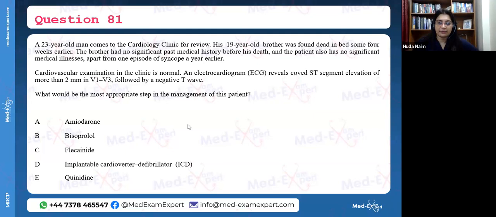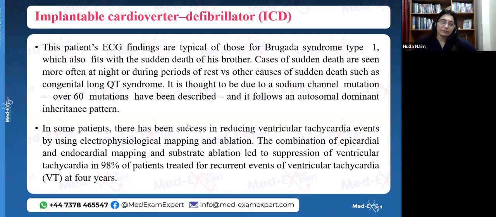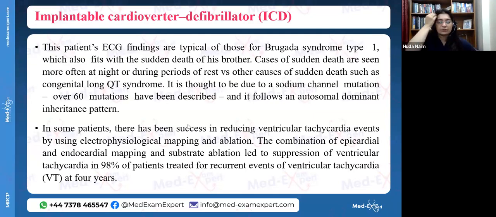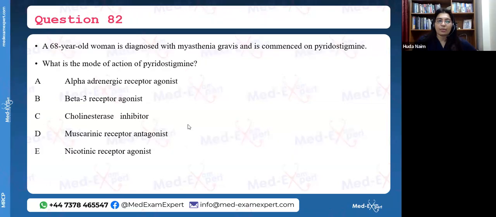Yes, it's the sodium channel. Very good. So it's the sodium channel that is affected, and that leads to sudden cardiac deaths. And the main ECG finding is ST elevations in leads V1, V2, V3. And you have to place an implantable cardioverter defibrillator. Good.